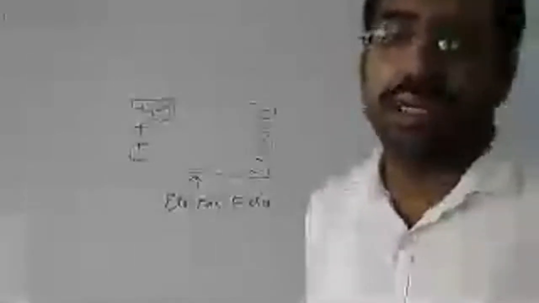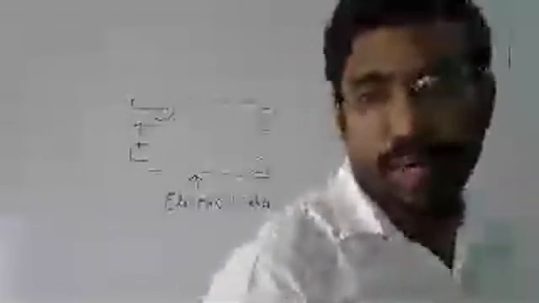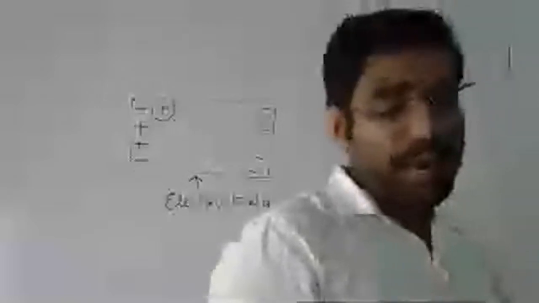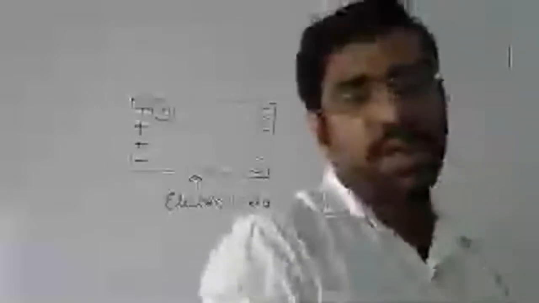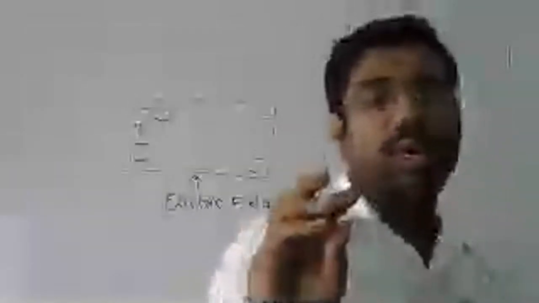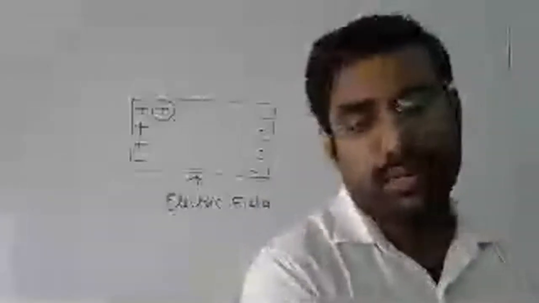Naturally, you see electricity. One wire is positive, other wire is negative. If you are taking a positive charge and keeping it near a positive plate, what will happen to that charge?